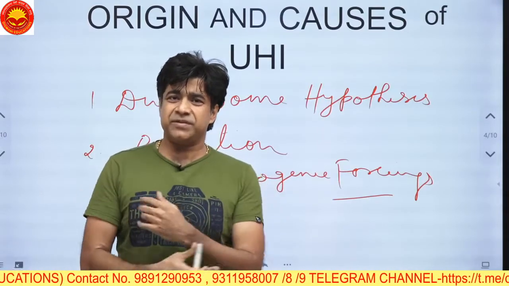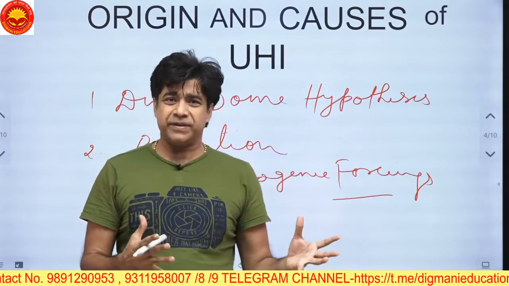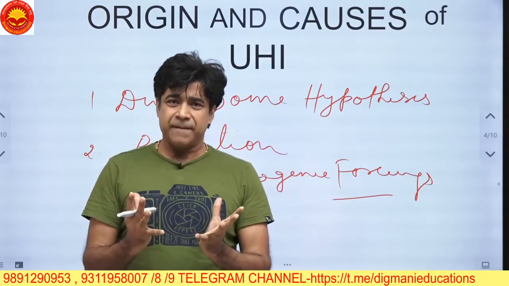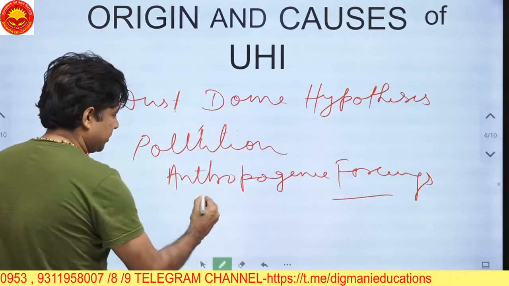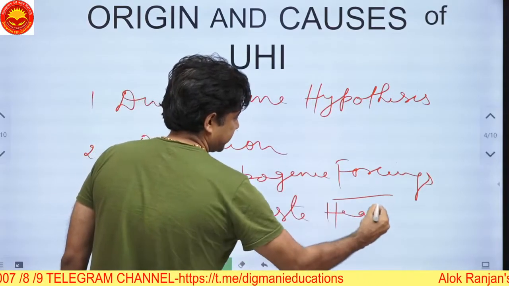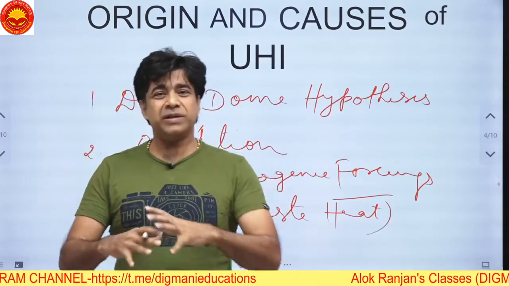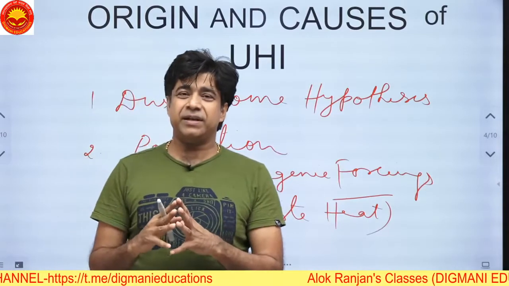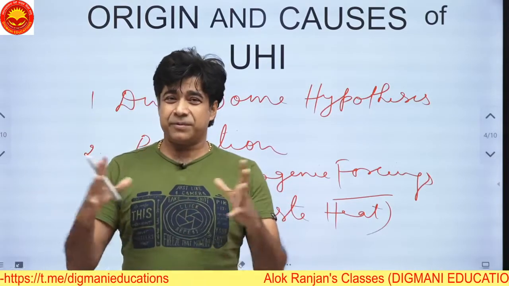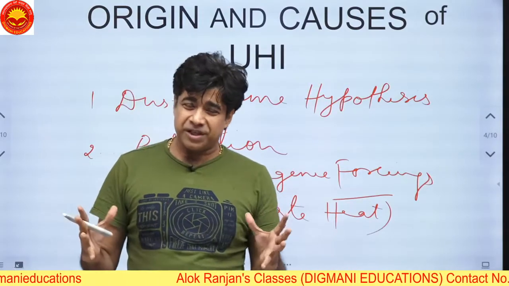The waste heat which is emerging from the electrical equipment, from the computers. So this theory can also be called the waste heat theory. This waste heat is produced by all these modern equipments and our luxuries and our vehicles and our computers and our electronic equipment.